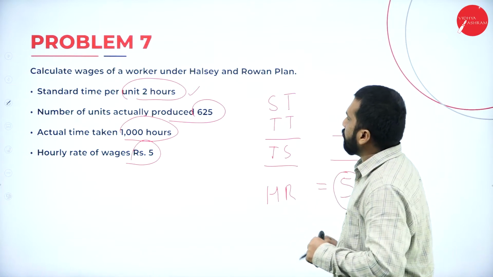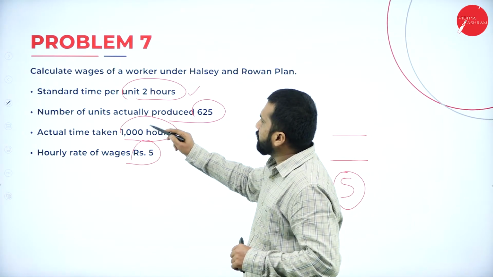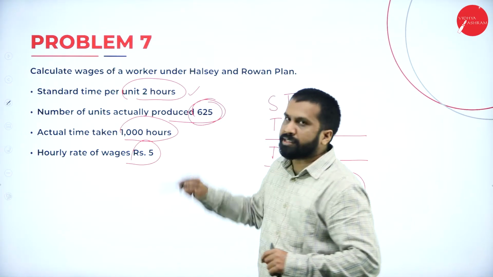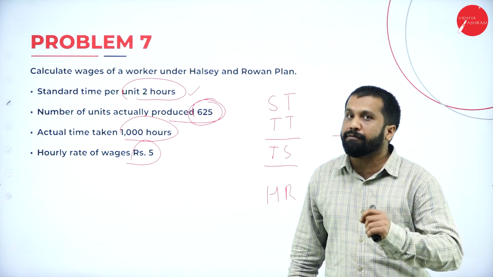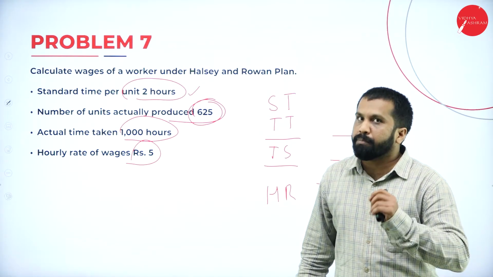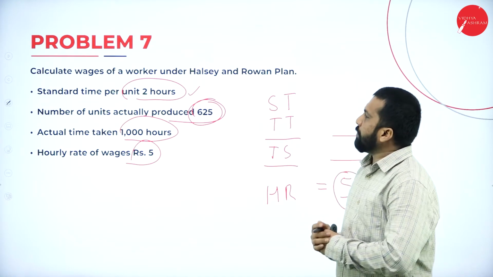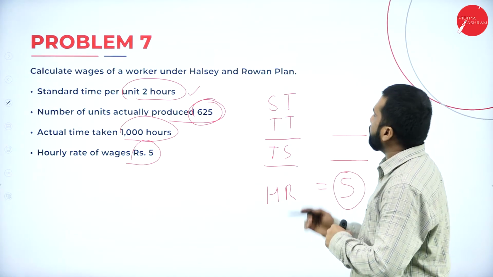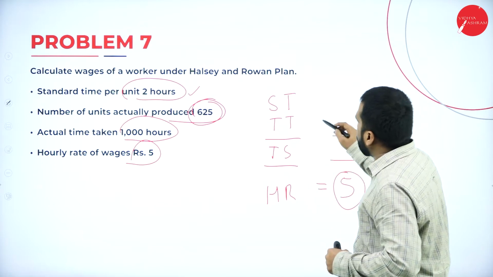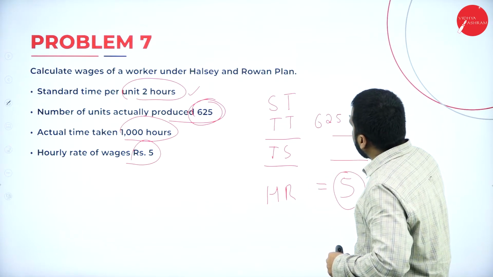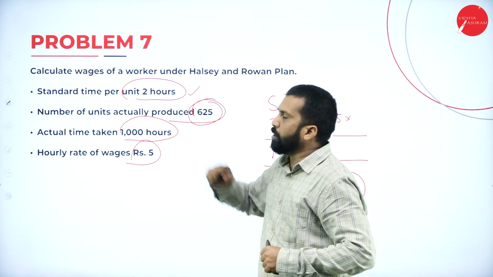Now, per unit 2 hours means how many units are produced? They have produced 625 units. Now, 625 units are produced means your standard time will be 625 multiplied by 2 hours.